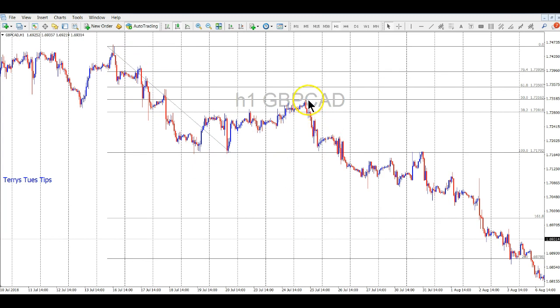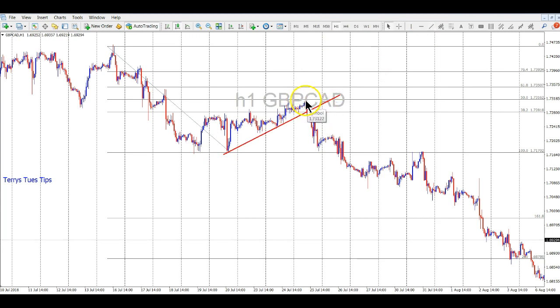So that's one way you can use the fib tools to get in, is when it pulls back to the 50. Now I pulled it, like I said, from this high to this low here. Pull back to the 50. You can set your entry there, or you can even draw a trend line here like this.